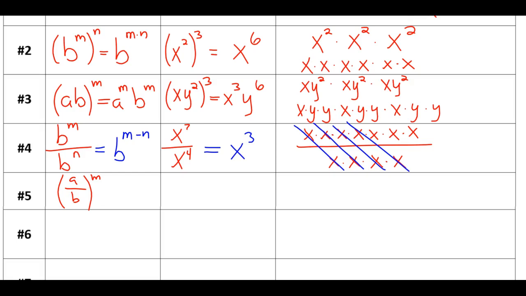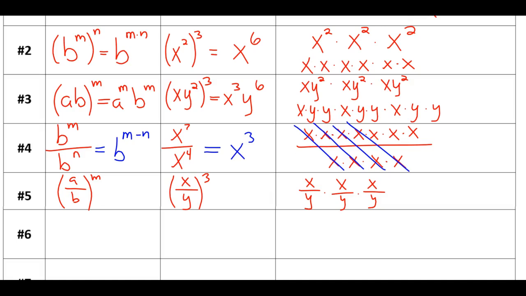Good. So if I have x over y to the 3rd power, we kind of go back to the previous ones. Anything to the 3rd power is whatever's in there multiplied 3 times. So this is x over y times x over y times x over y.